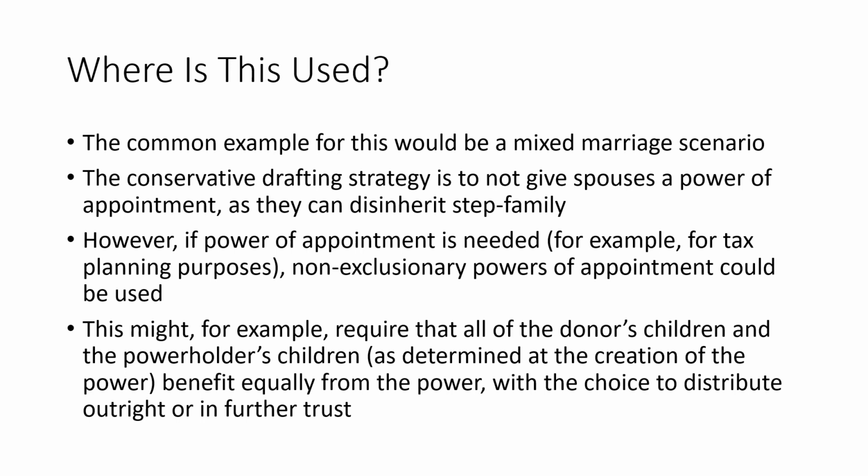Now, if you need to create a power of appointment, maybe for tax planning purposes, what we could do here is use non-exclusionary powers of appointment. So, for example, within that power of appointment, we could say that the surviving spouse must exercise it possibly equally in favor of all of the donor's children or their representatives and all of the power holder's children or their representatives, which might give the spouse still some discretion to exercise the power to distribute outright or in further trust.